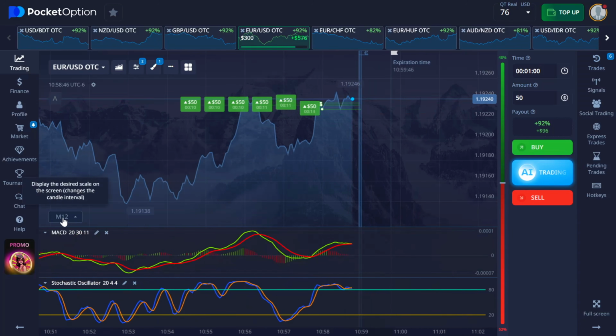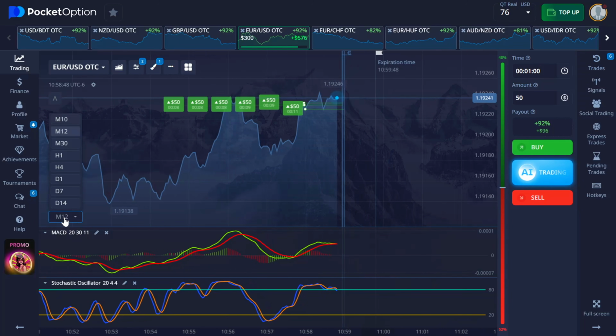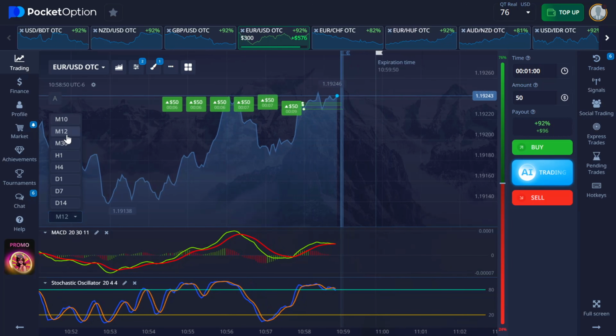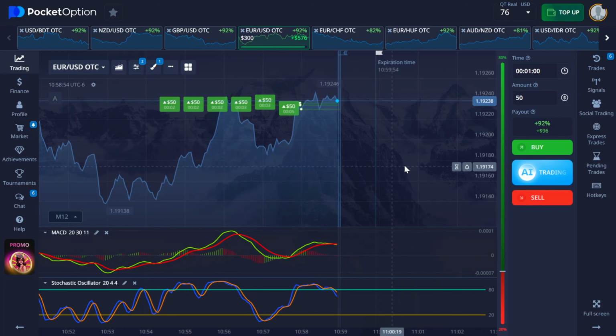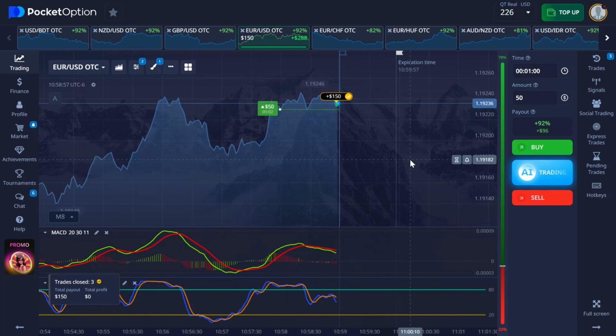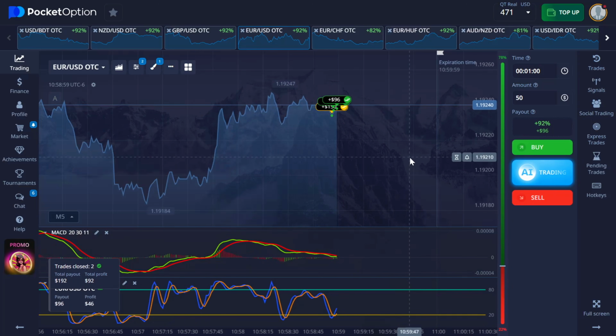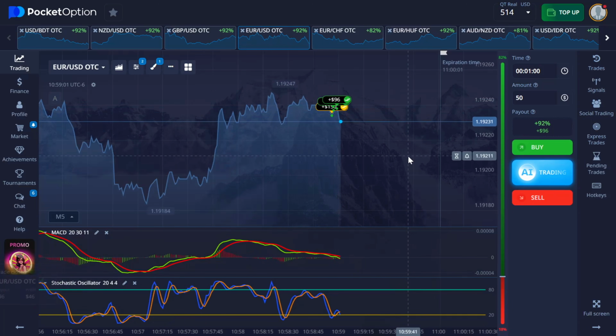I'm literally on the 12-minute time frame, and this is why I told you guys, be careful when you're using this line strategy and you're zooming in and zooming out, okay? Because zooming in and zooming out can affect your win rate.